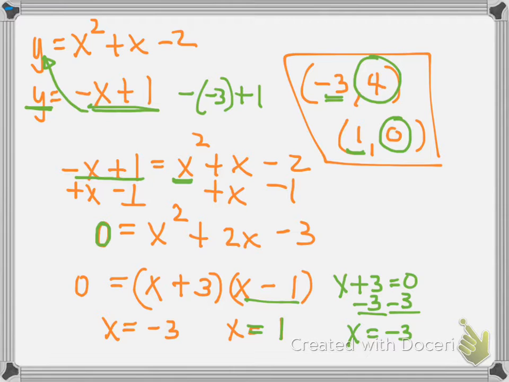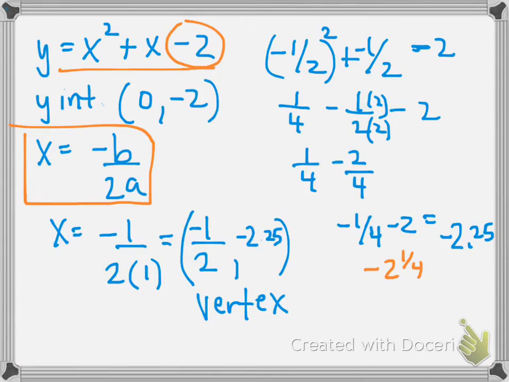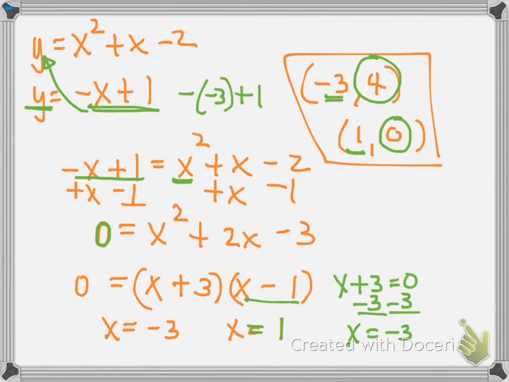See these? This is how you solve it algebraically, or with algebra. And this is how I solved it with a graph. See, same answers, -3, 4, 1, 0. Here's my algebra, -3, 4, 1, 0. They should have the same answers.